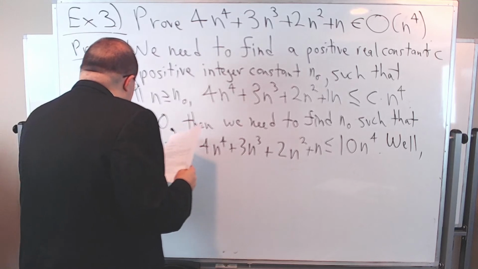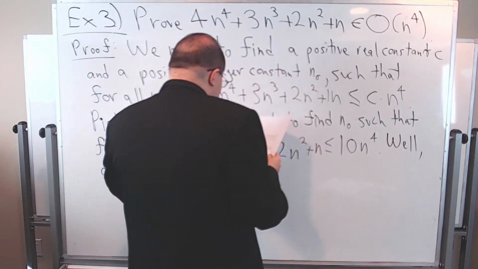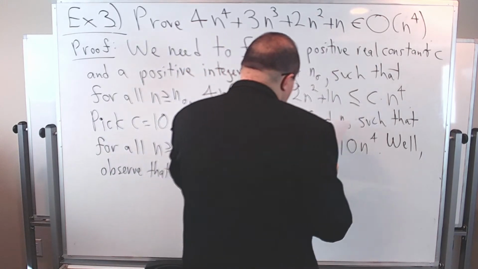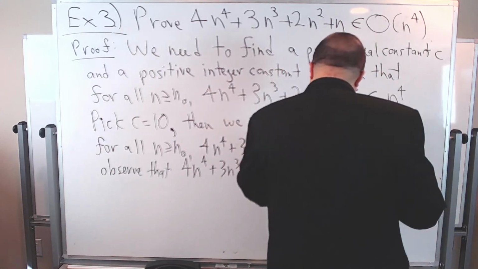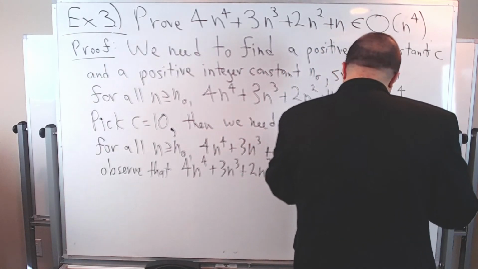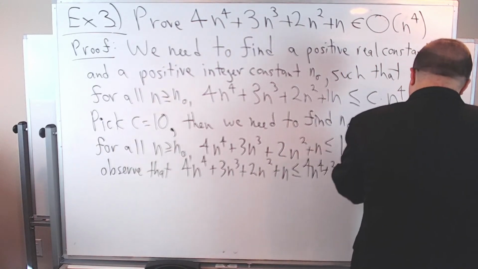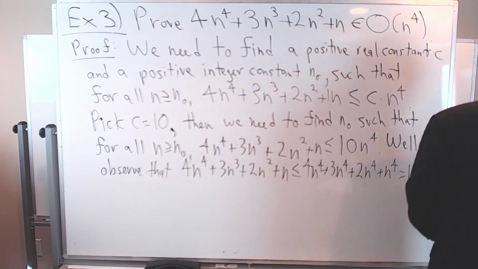Observe that 4n to the 4 plus 3n cubed plus 2n squared plus n is less than or equal to 4n to the 4 plus 3n to the 4 plus 2n to the 4 plus n to the 4, which is equal to 10n to the 4.